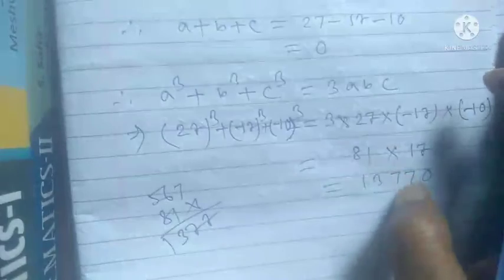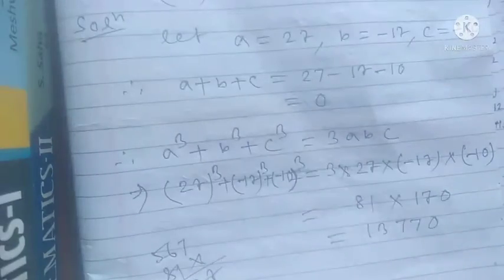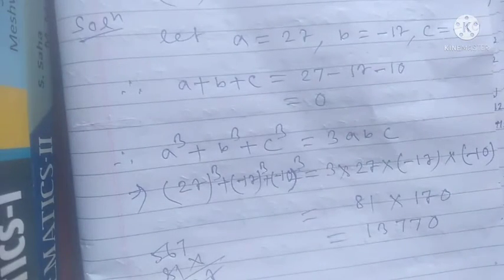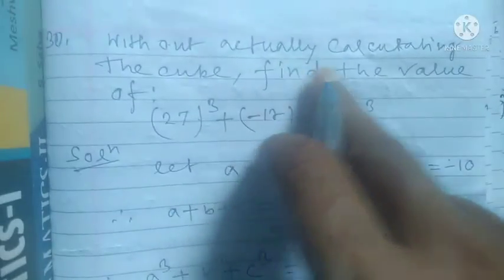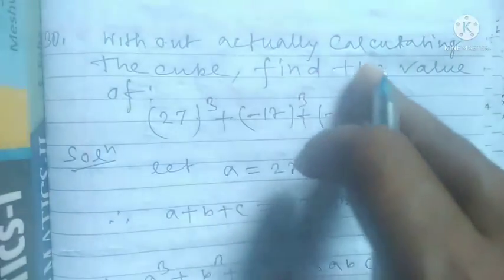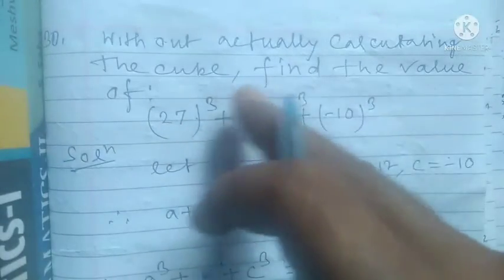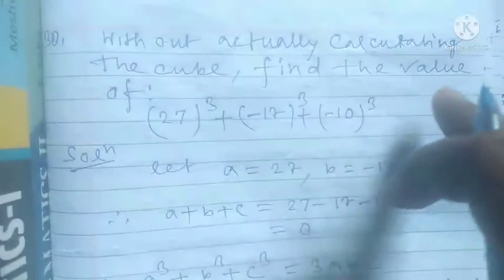Okay, so this is the last question, question number 30. So question number 30 says, without actually calculating the cube, find the value of this.